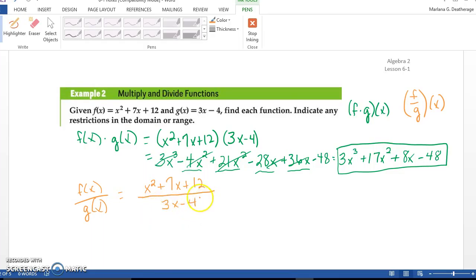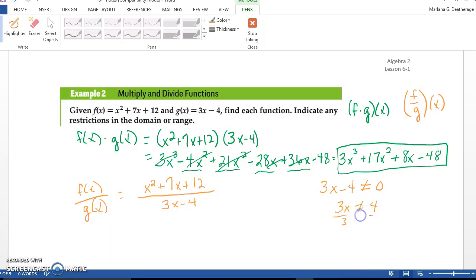But this down here cannot equal 0. So we've got to tell what we can not have in our domain. What can x not be? So what you want to do is go over to the side and say that 3x minus 4 cannot equal 0. And then solve it like you would an equation. Add 4 to both sides, so 3x cannot equal 4.